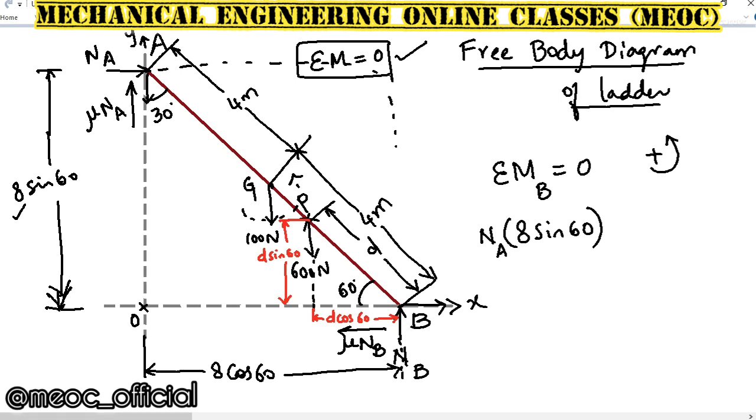So Na is making a clockwise moment, so this will be negative for me. Then mu Na is also making a clockwise moment about point B, so that is also negative. Mu Na multiplied by the perpendicular distance. So Na to B perpendicular distance is 8 cos 60.